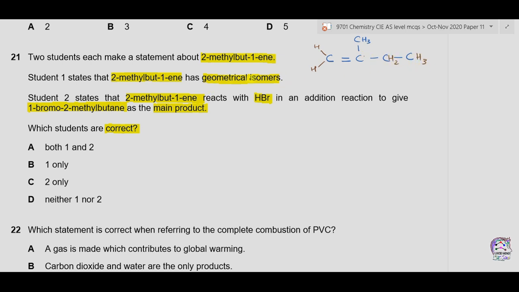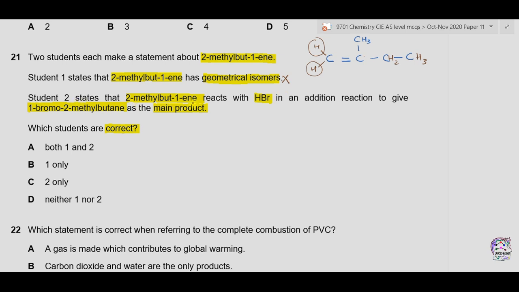Now let's find the geometrical isomer. For geometrical isomers there must be a double bond, and the carbons making the double bond must have 2 different groups attached with them. We can see that there is a double bond present, but on one of the double bonded carbon atoms both groups are the same, so this won't show geometrical isomerism. So student 1 is wrong.